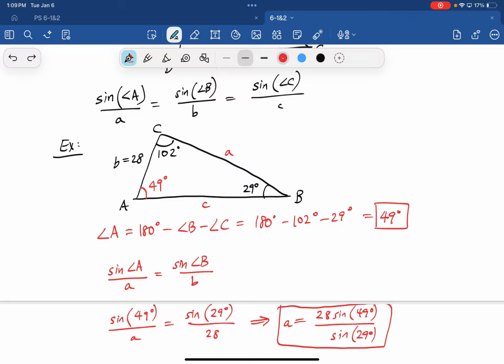That's still kind of hard. So you can leave the answer like this.